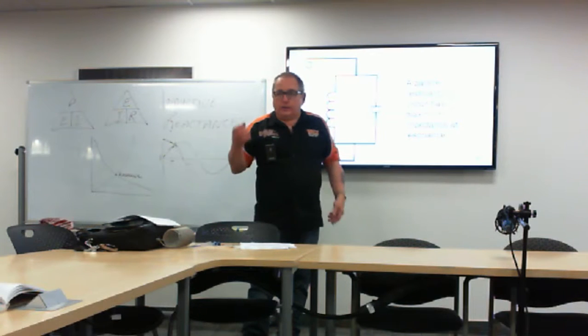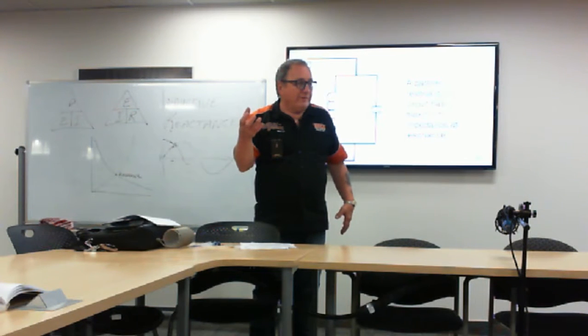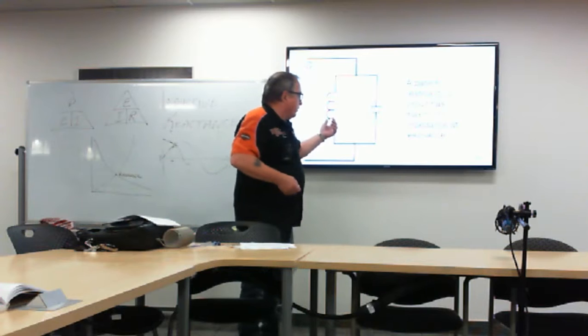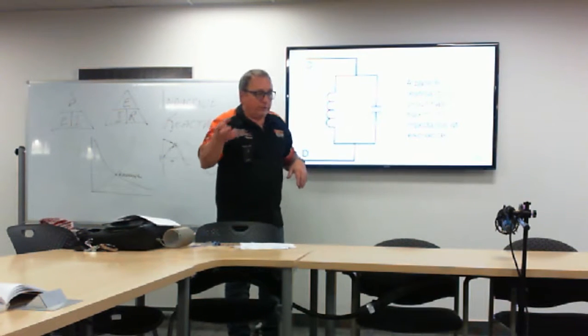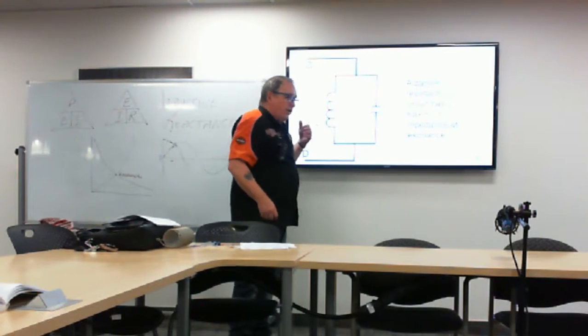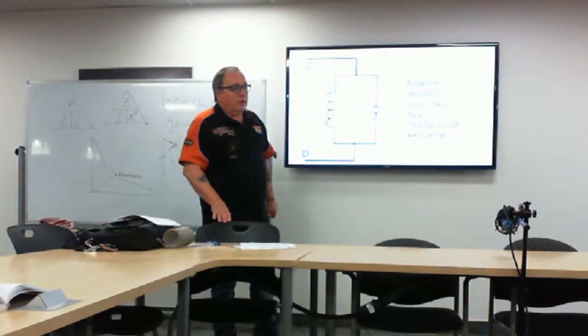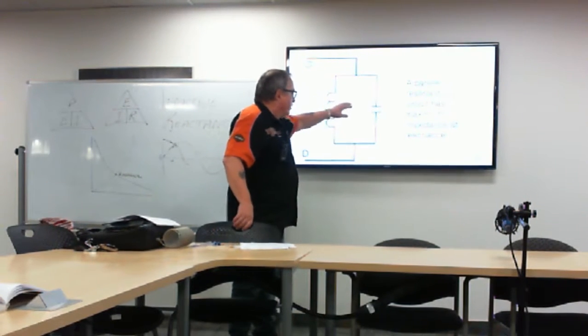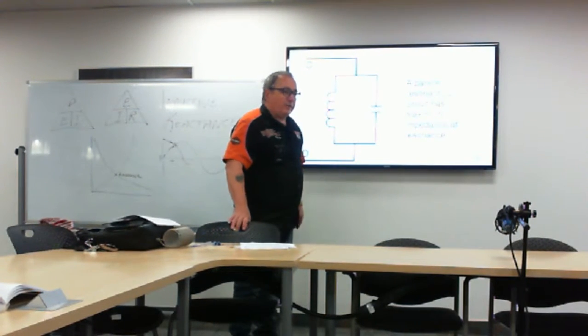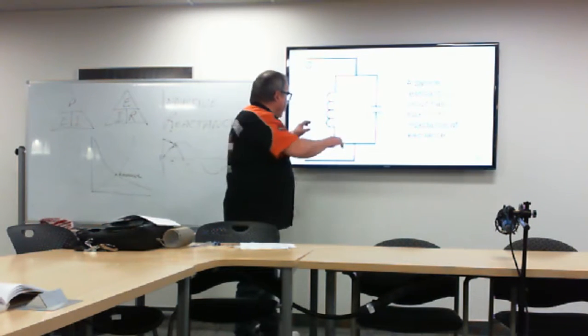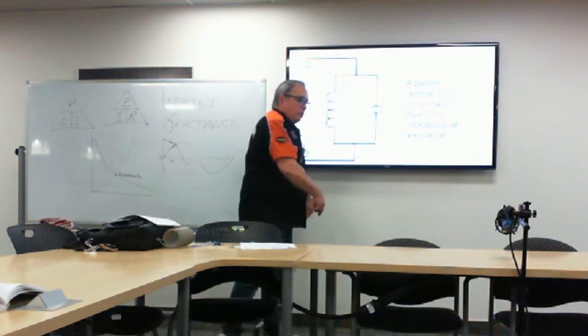Okay, so in capacitive reactance, if I increase the frequency, the number is smaller. In inductive reactance, if I increase the frequency, the number is bigger. So I get to a point where they cancel each other out, and boom, the whole signal goes through.